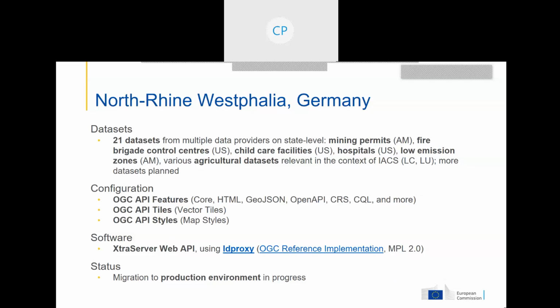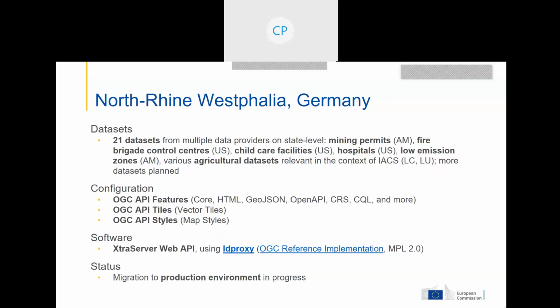We're testing everything with clients, QGIS, JavaScript APIs, the OGC compliance tests, and the APIs all support the requirements that are in the good practice, but also we support CRS, CQL, and several others, also JSON schemas and many other extensions that are not yet standardized, but we also support vector tiles and map styles, so you can also browse the maps directly. The software is using, under the hood, LD Proxy. That's an OGC reference implementation, also an open source one.